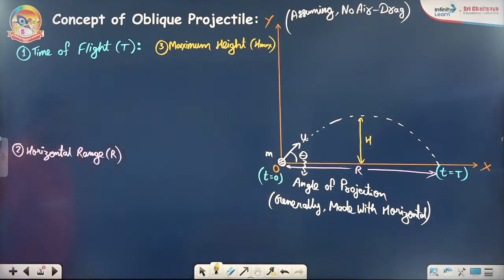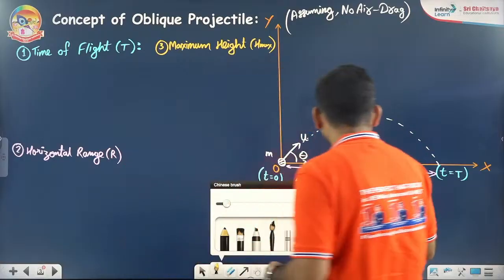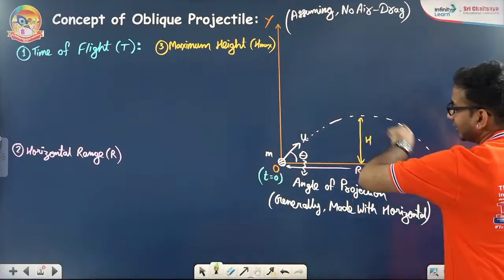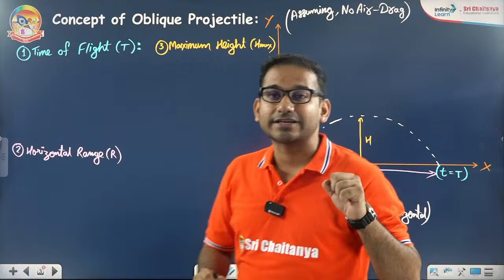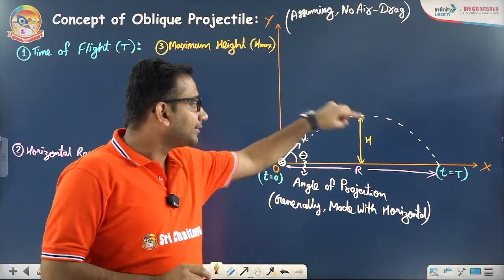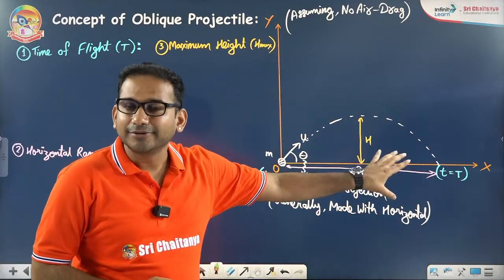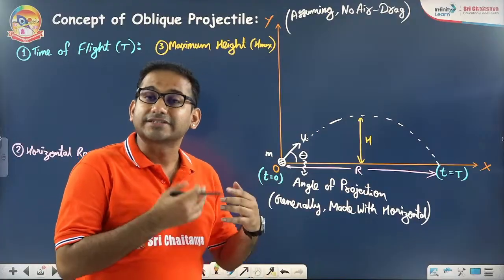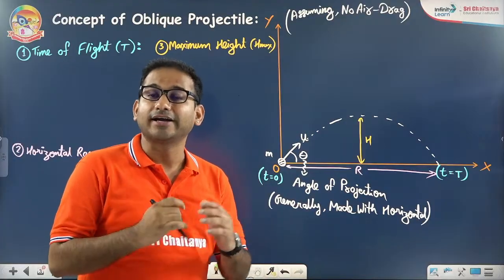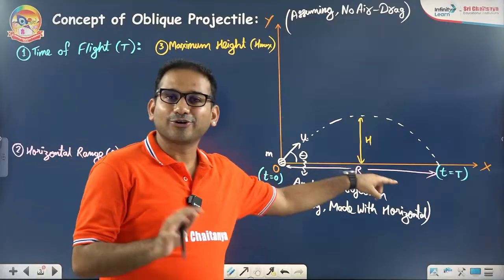And the fourth thing is, sir, what is the nature of this path? Is it a random curve? Yesterday also I was emphasizing that when you draw this curve, it can be a random curve, or part of a circle, ellipse, parabola or hyperbola. Your feeling will not give you the answer.